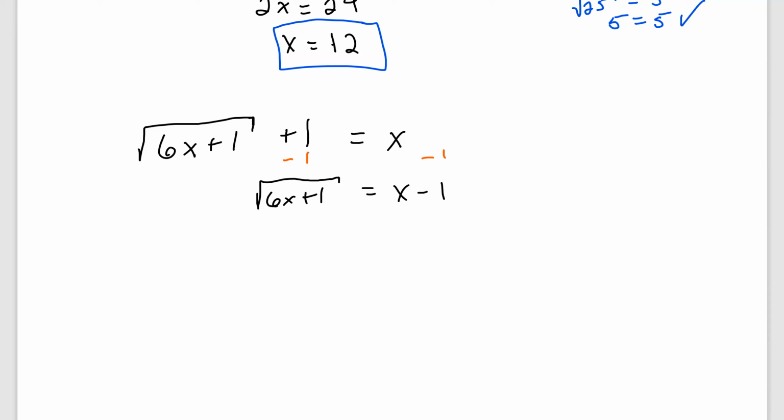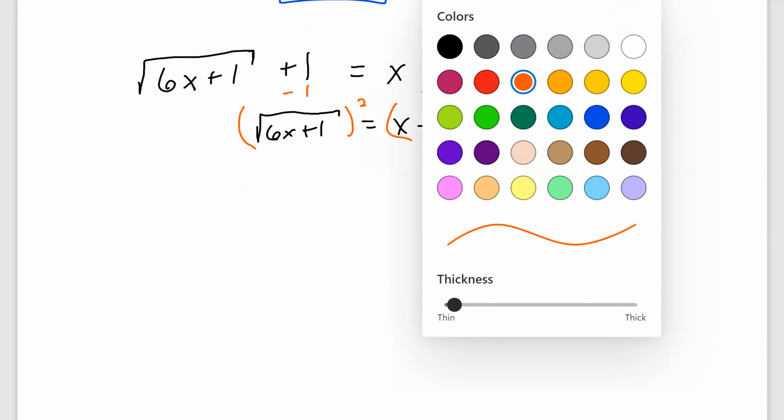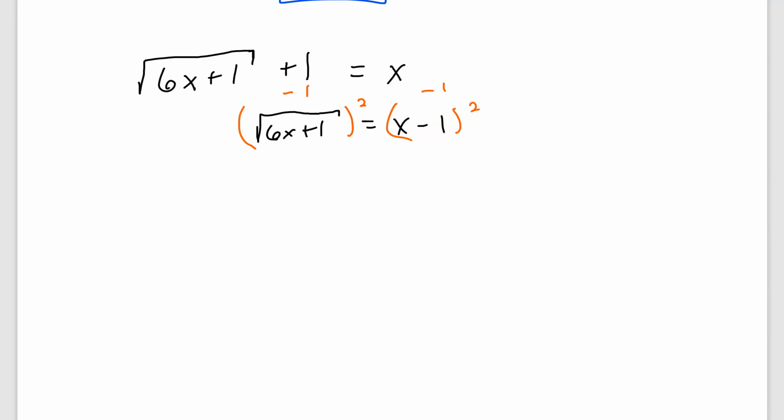Now I have the radical isolated, and I'm going to square both sides. Please be careful. When you square the right side, you must multiply x minus 1 times x minus 1.